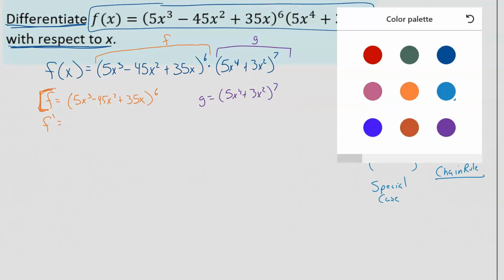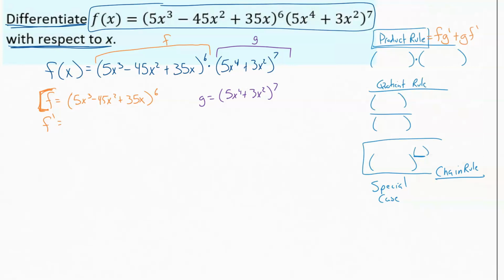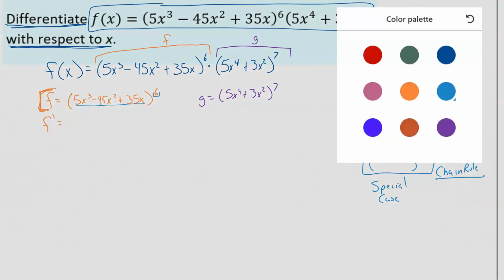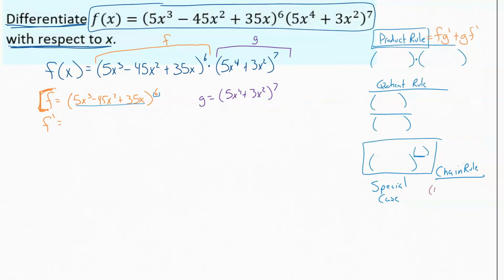Well, that shape, to my mind, looks like a chain rule. That's a classic chain rule setup. You've got something inside a set of parentheses raised to a power. So when I'm doing the chain rule, my chain rule saying goes d in times d out. So I take the derivative of whatever is inside those parentheses.